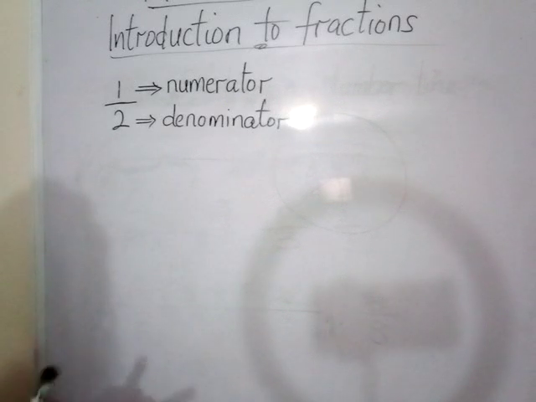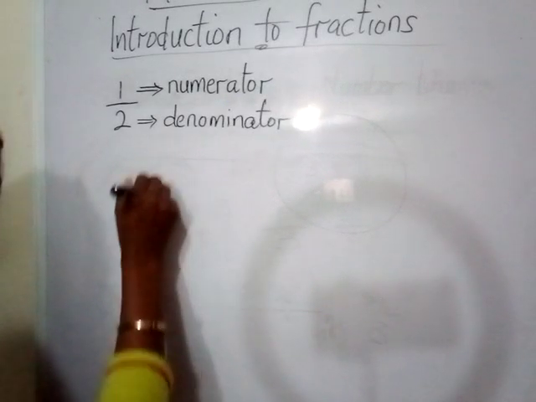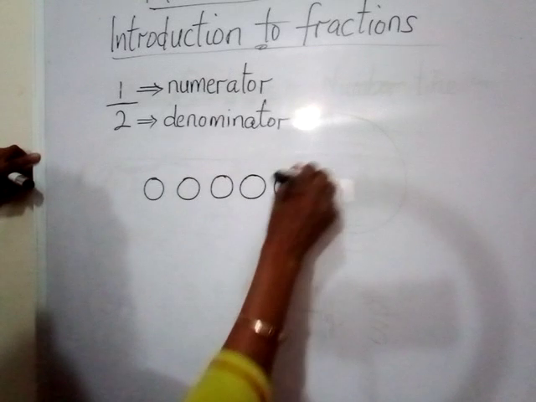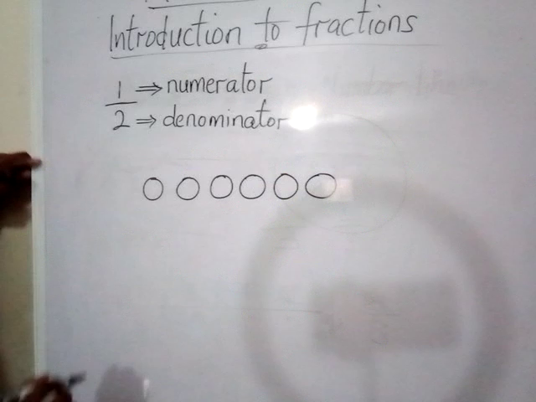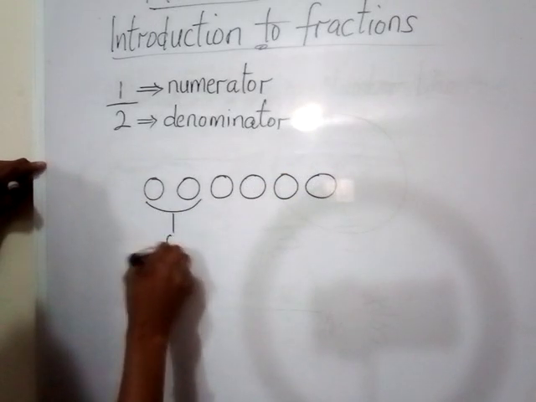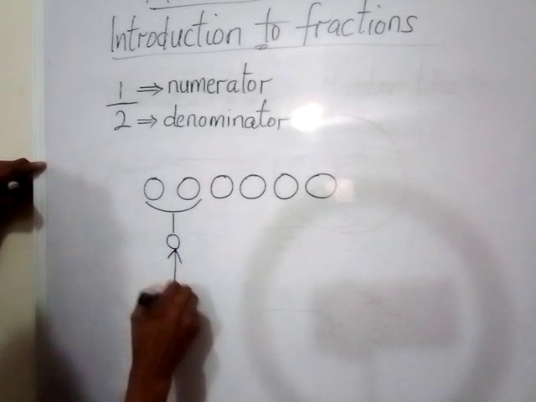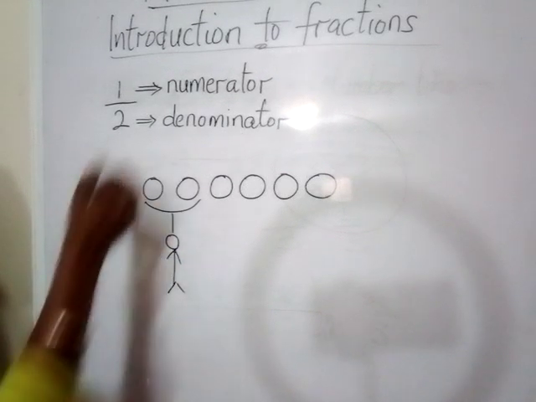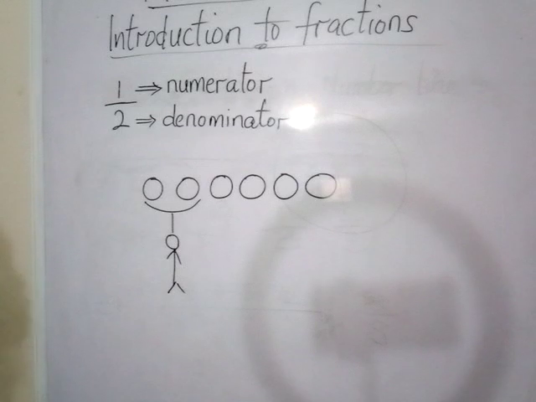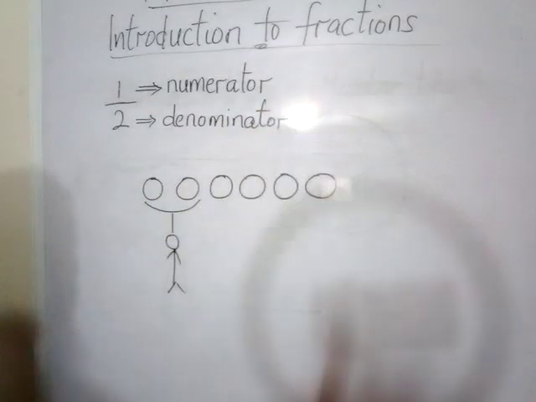For example, if there are 6 oranges, and then a child is given 2 oranges, 2 out of the 6 oranges, this 2 is like a fraction of the whole number of oranges. So you can also have a fraction out of everything.